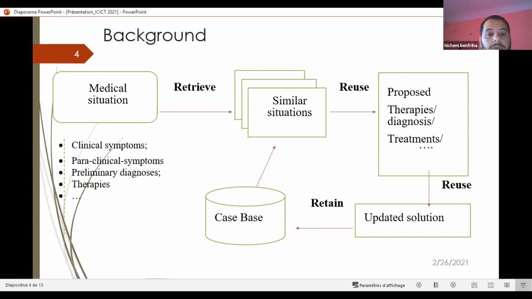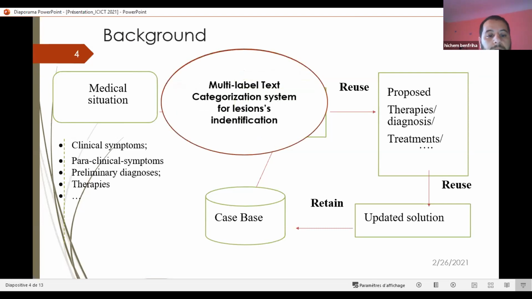Typically, as shown in the figure, retrieve, reuse, revise, and retain are the steps in any CBR system for solving or predicting diagnoses and treatments for a new medical situation. In this work, we are interested in improving the retrieval step by using a multi-label text categorization framework for intracranial lesion identification.